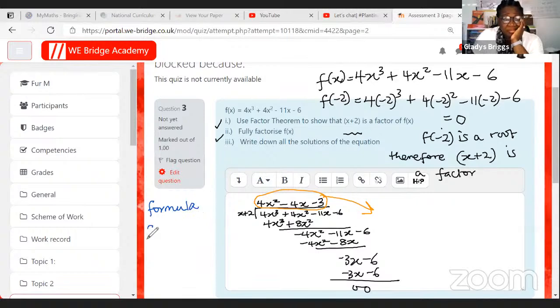You can do factorizing if you know how to factorize this type, which I know lots of you may not be able to do, but you can use formula, okay? So you have 4x squared minus 4x minus 3. You can use formula, and that will give you all the solutions. All right. So you got the first solution to be equal to -2, and then you can get all the other solutions for question 3.